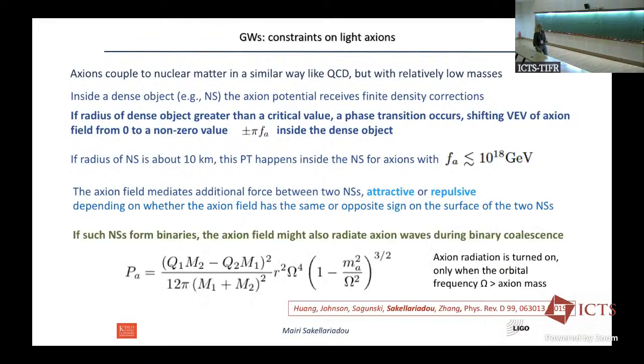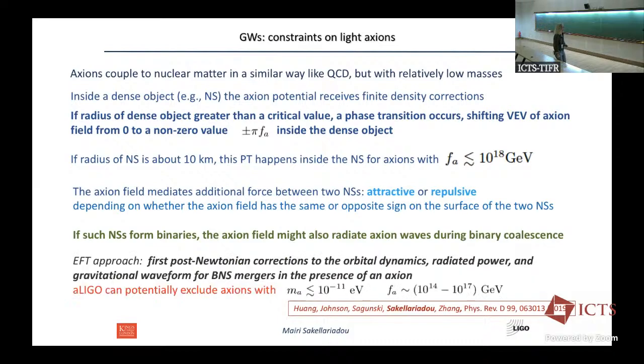That means that if you have such binaries within which there exists such an axion field, and they form this binary, these neutron stars, then you are going to have an extra kind of axion waves which are going to be radiated. And if you have this extra kind of radiation, you can try to calculate what is going to be the correction in the dynamics, in the radiated power, and the gravitational waveform.